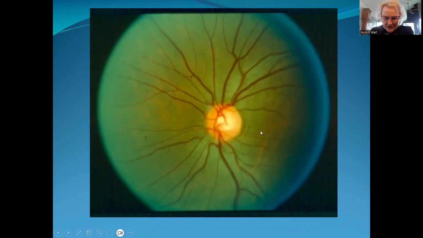And then the vessels come off to frame the macula, which we can't actually see well on this view. So that's the nasal side. The macula is on the lateral side here. So we're looking at it as we're looking at the patient. So this would be the patient's left eye.